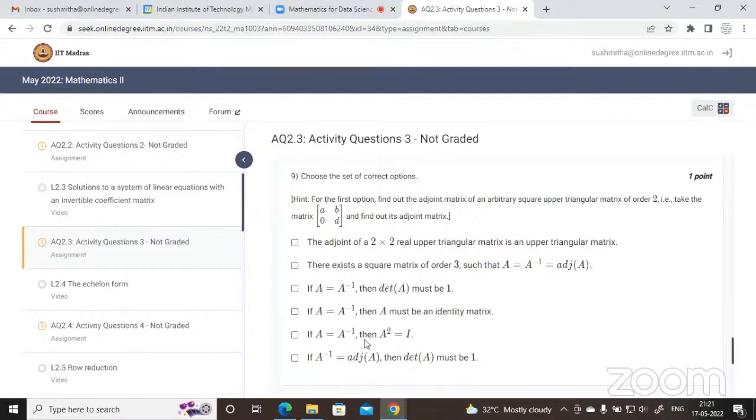If A is equal to A inverse, then A squared is I. Isn't that obvious? You multiply both sides by A. Okay. Is there only one matrix which satisfies that? Option number 2? No, no. That is only one identity matrix. We don't know. I have to check.